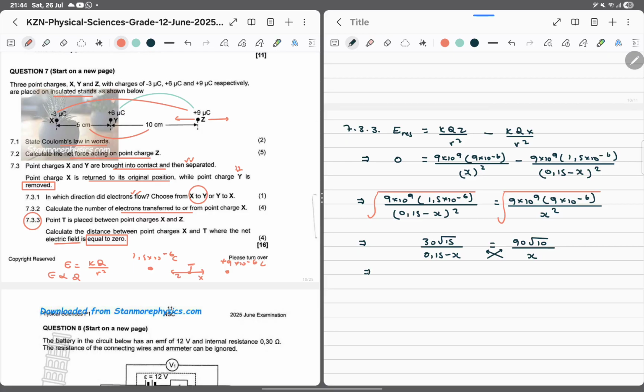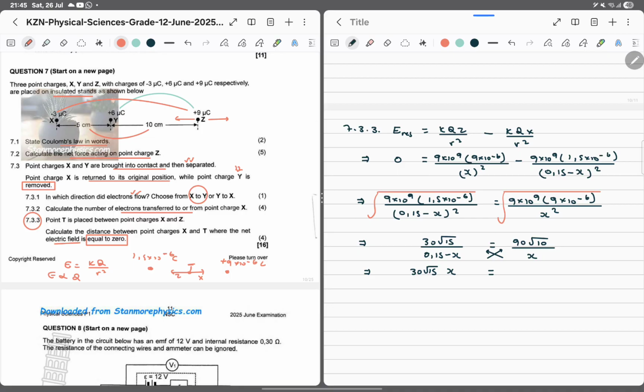So we will see that we will have 30 root 15 x is equal to 90 root 10 x, wait, no. So let's say 0,15 times that one.